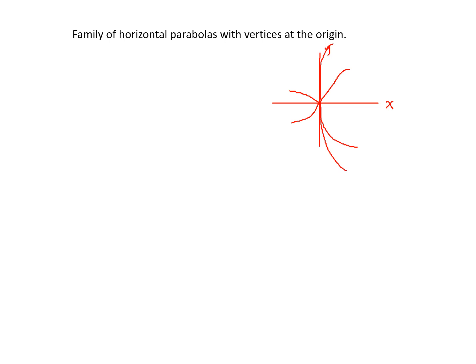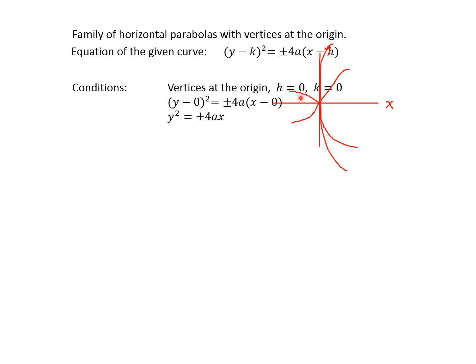So the equation of a family of parabolas is given by y minus k squared is plus or minus 4a times x minus h. Notice that this is the general equation of a horizontal parabola where the squared factor is y. Since the parabola passes through the origin, substitute 0 for h and k. So the final equation is y squared is plus or minus 4ax.